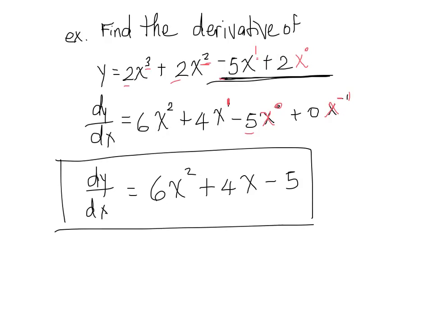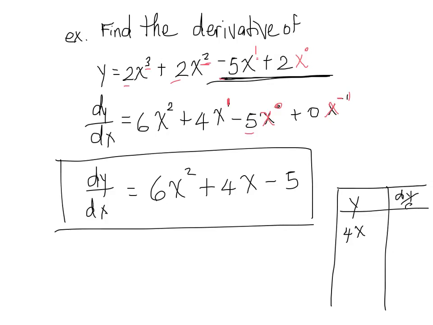So for example, you have y is equal to 4x. So if y is equal to 4x, then dy over dx, or derivative, will be equal to just 4.